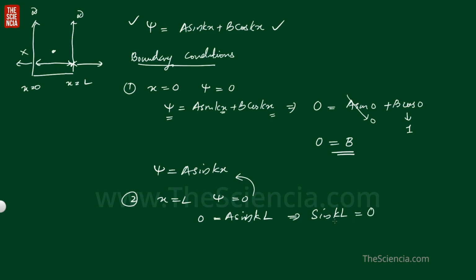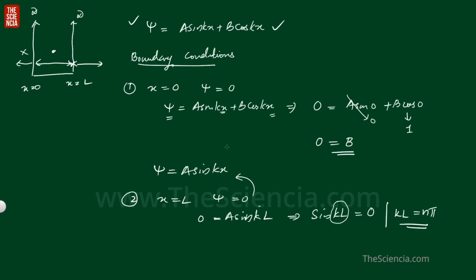And when sine of some term is equal to 0, if this kL value is equal to n pi, integer multiples of pi, then sin pi, we know sin pi is equal to 0, sin 2 pi is equal to 0. Okay, so kL is equal to n pi is the condition for this sin kL to be equal to 0.